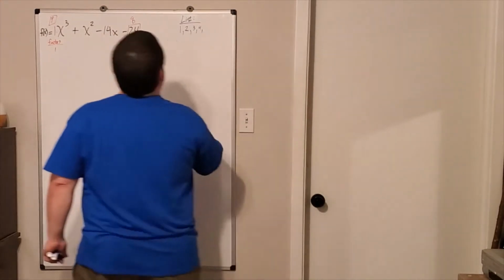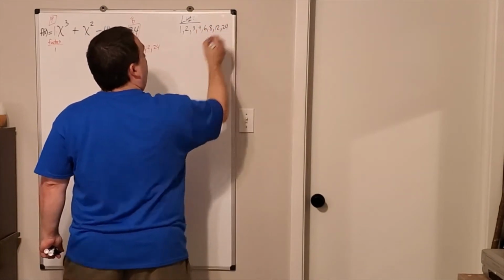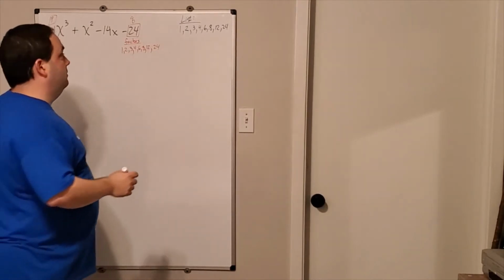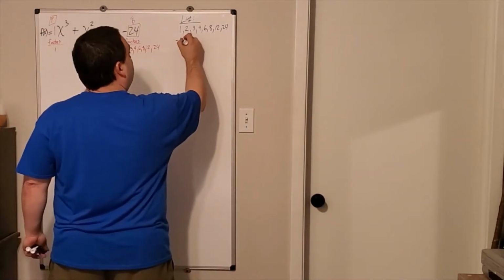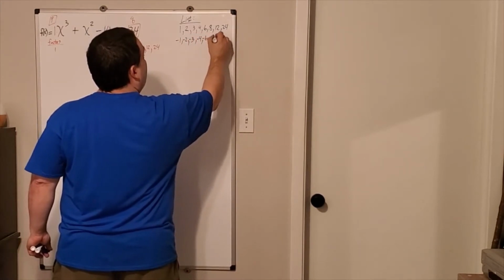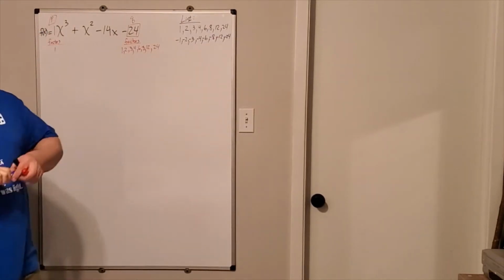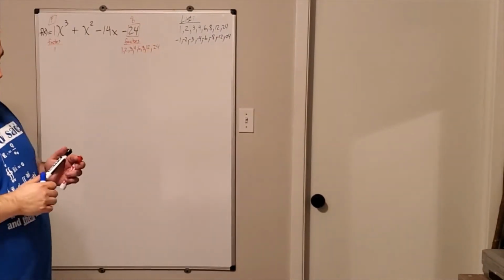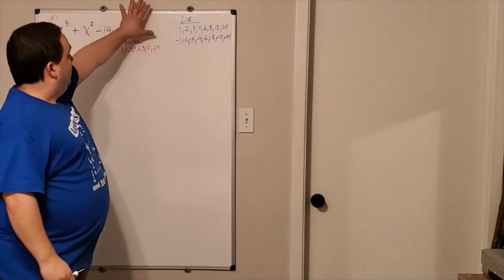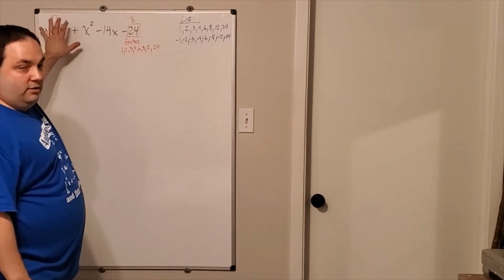Right? So I have 6, 8, 12, 24. And the theorem also said plus or minus. Right? So then negative 1, negative 2, negative 3, negative 4, negative 6, negative 8, negative 12, negative 24. And that's the list for this polynomial. Okay? It's made by doing combinations of the constant factors divided by the leading coefficient factors.